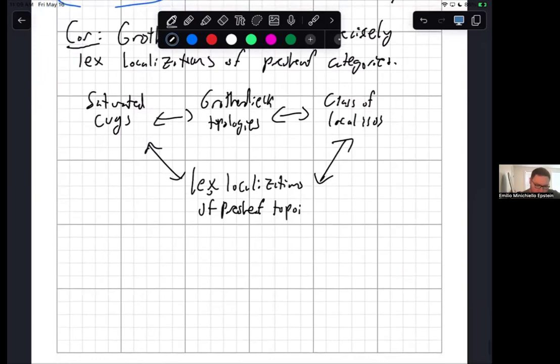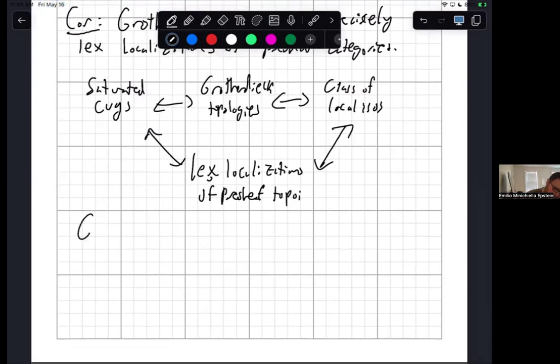Okay. So then I'll just say in words what Giraud's theorem is, because that was the little Giraud theorem. This is the big Papa Giraud theorem.